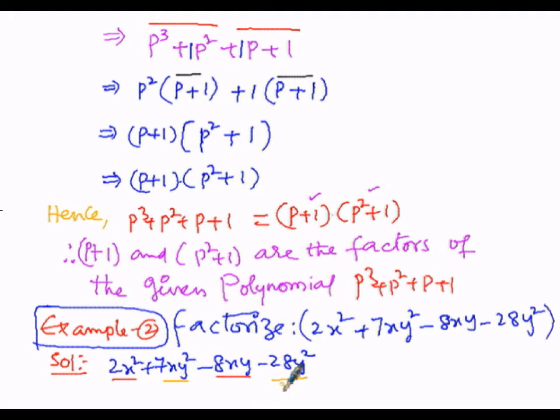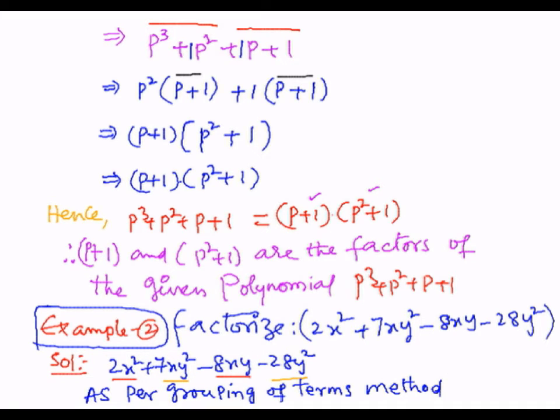So first of all, as per grouping of terms method, we are going to group 2x square and 8xy as the first group.